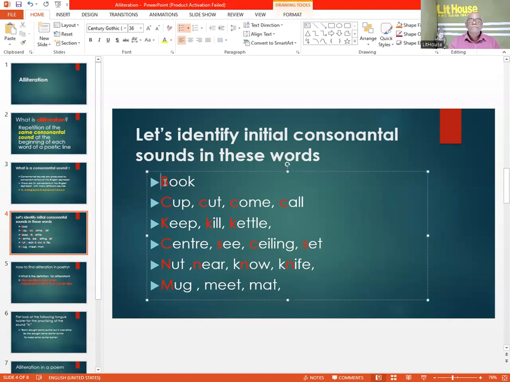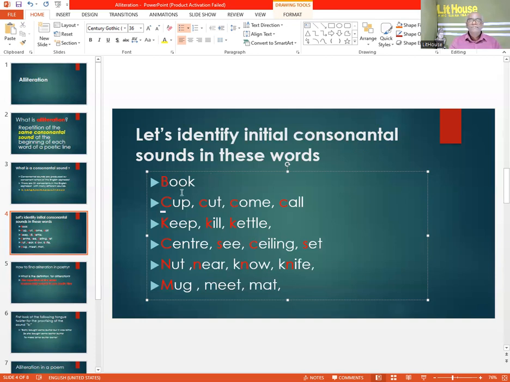Book. Now, look at this word, book. The initial letter is B. The initial letter, a consonant, is B. What is the sound? B sound.